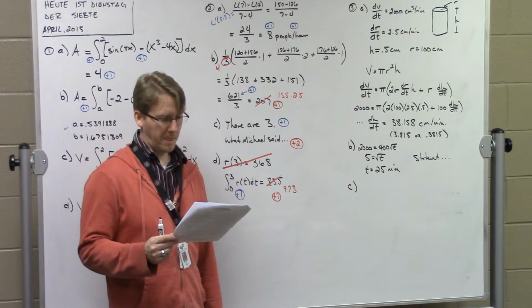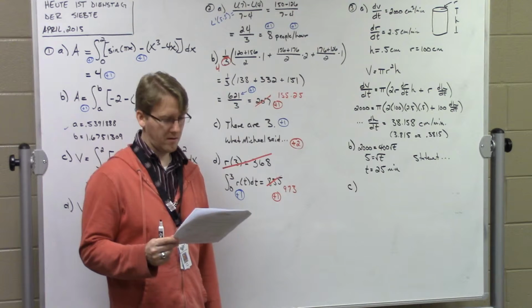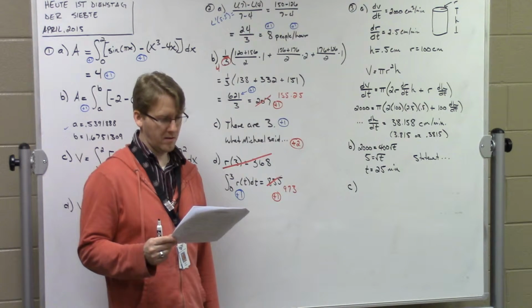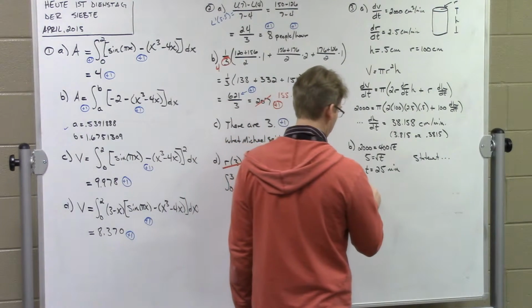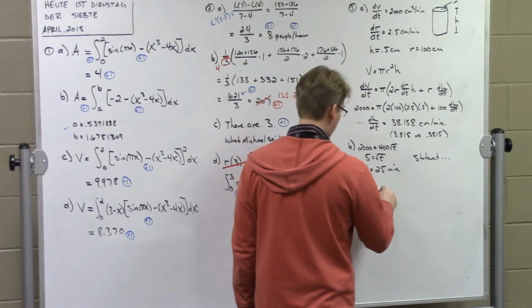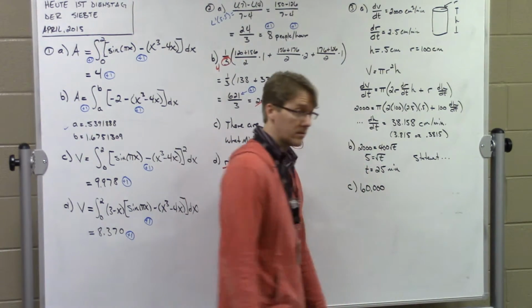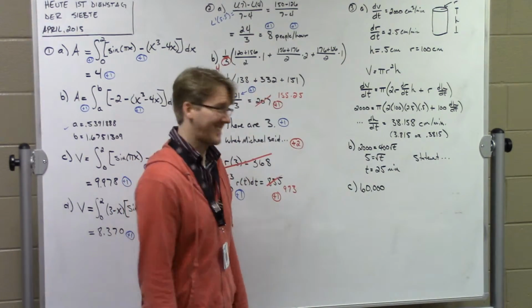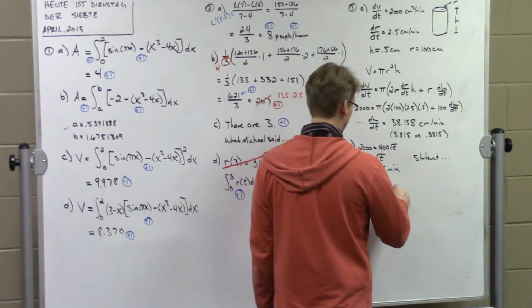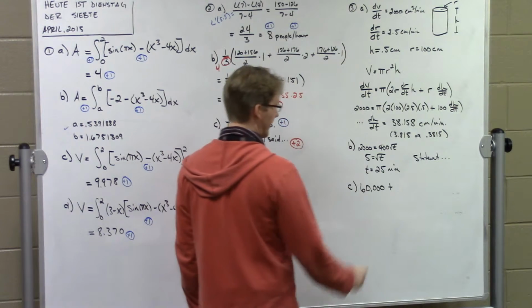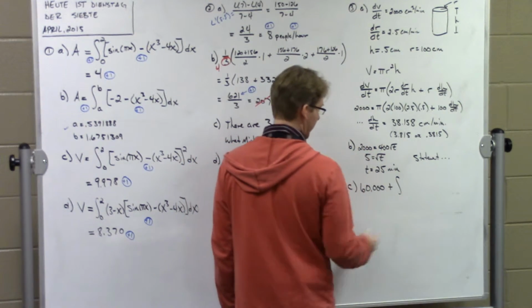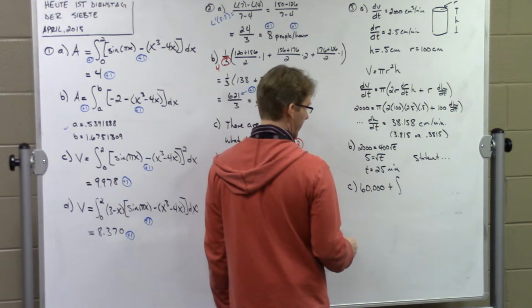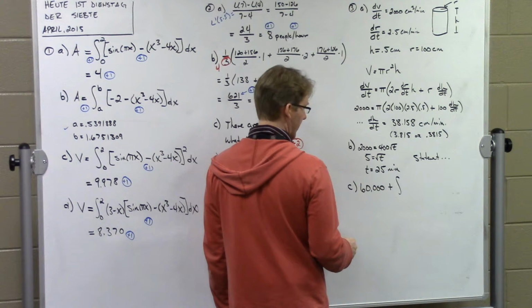Okay, so 60,000, that had the ring of write this down. Yeah, okay, plus the integrals, well, antiderivative, same thing. Give me that idea.